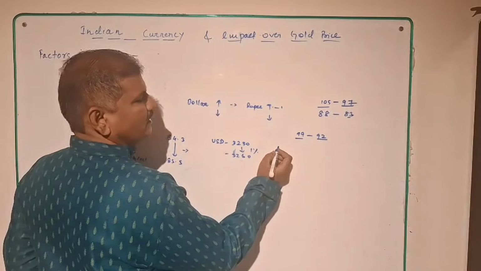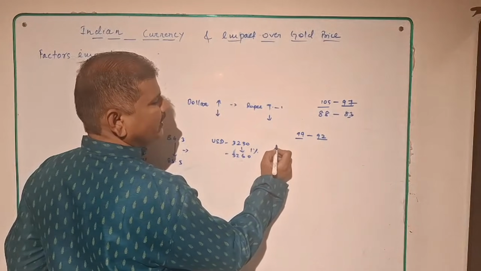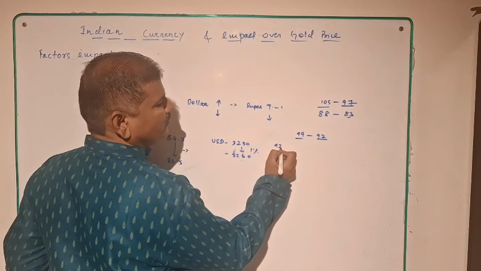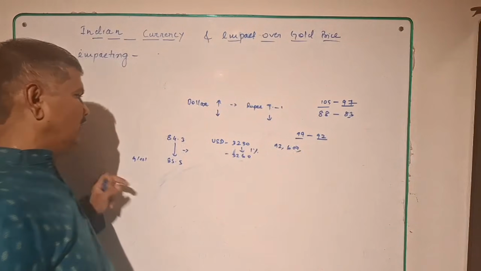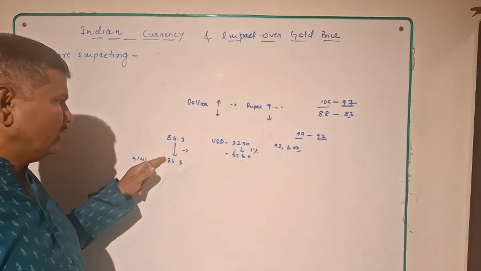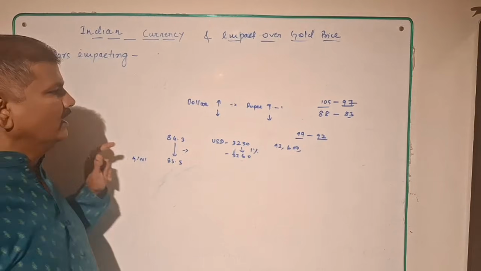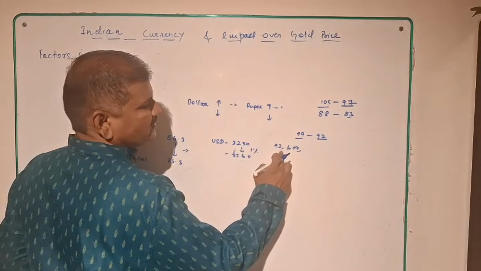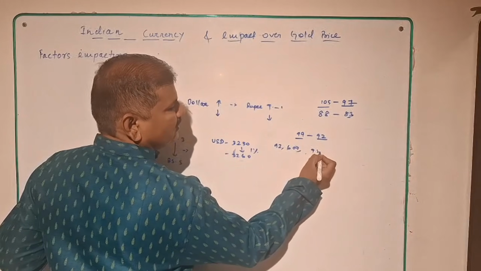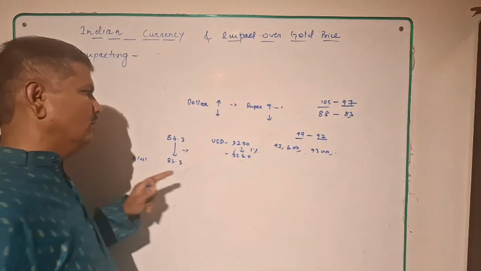We have seen that in the morning when the market opened, the gold price opened at a level of around 92,600. Okay, if this movement had not happened that day, then we would have seen a value of around 93,000 in the gold price on Friday.